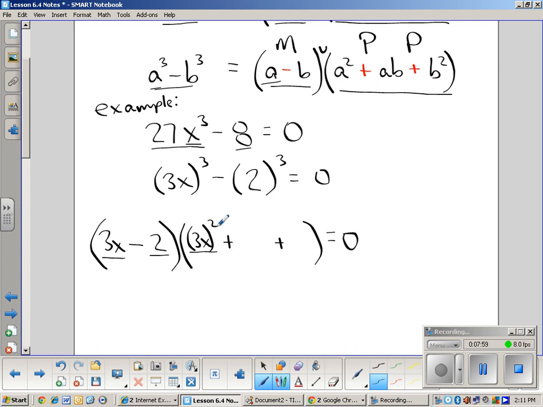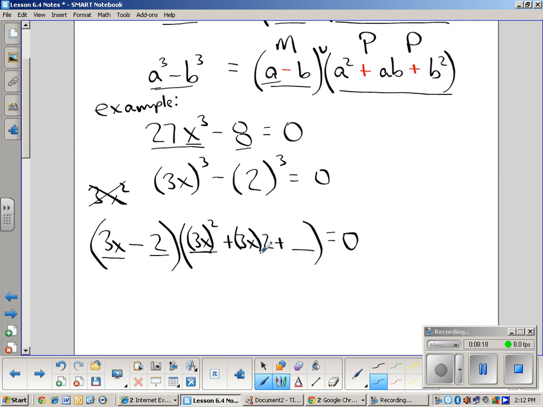A lot of people leave the parentheses off and just write it as 3x squared. Okay? You write it this way. That is not the same as this. So don't write it this way. All right? What goes in the middle? 3x times 2.